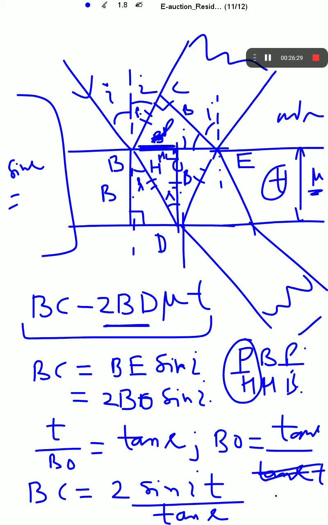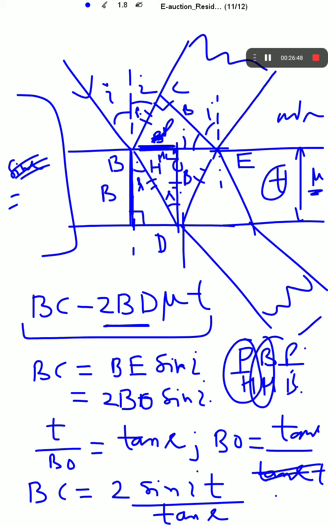In this triangle, what is perpendicular? No, I can't make use of sine here. We have base and hypotenuse in this. So base divided by hypotenuse. Base is this much. This is base. Both angles are on this line.